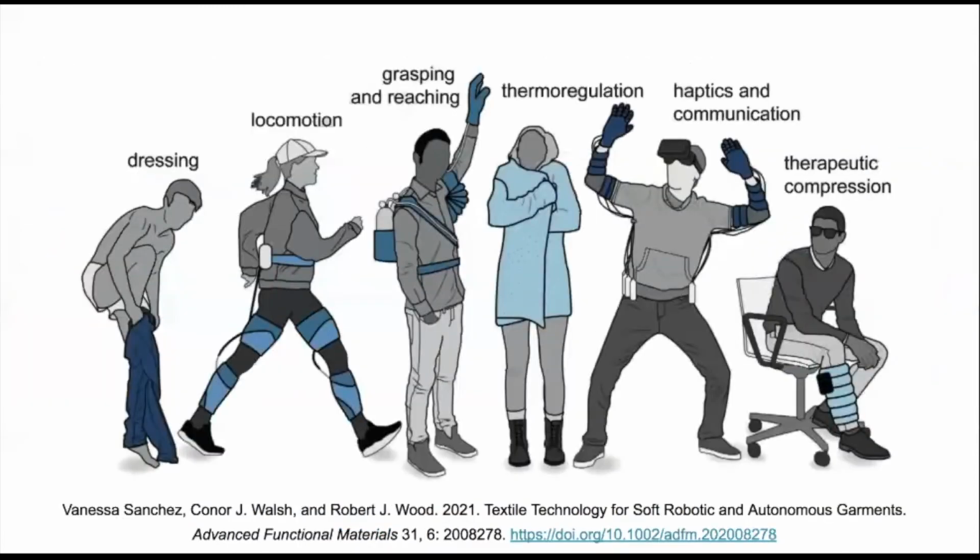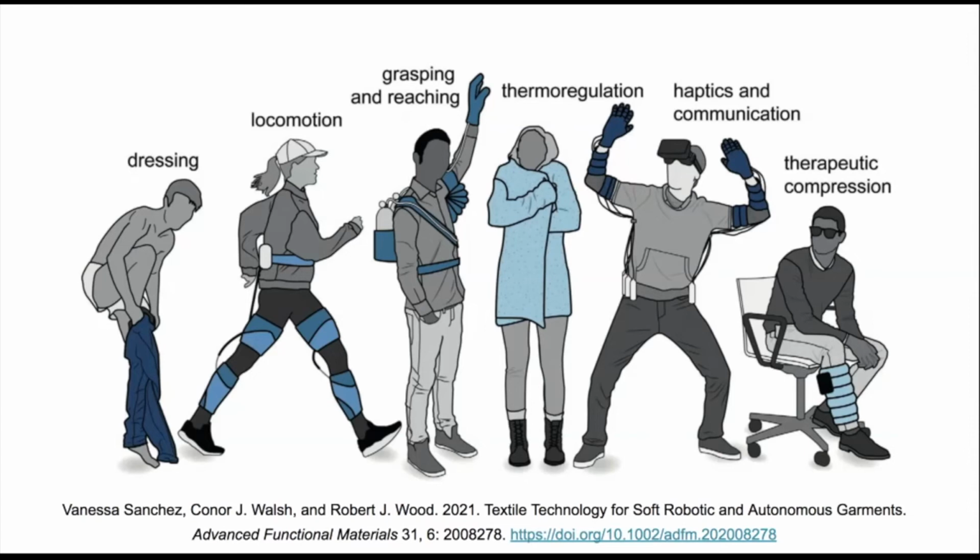Getting a little bit back towards clothing, this is another diagram from that same paper I showed you before by Vanessa Sanchez, where she says these are some typical use cases that she has come across in a lot of her research on e-textiles and soft actuation. These are things you're going to come across a lot. So dressing assistance, especially in a disability context, right?